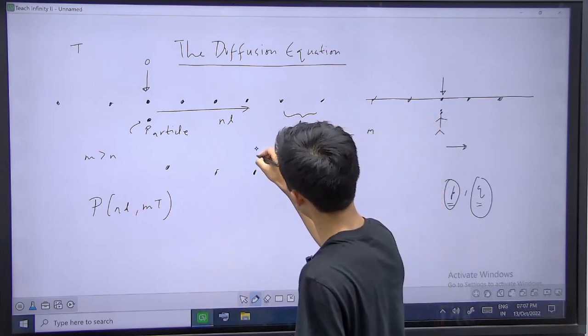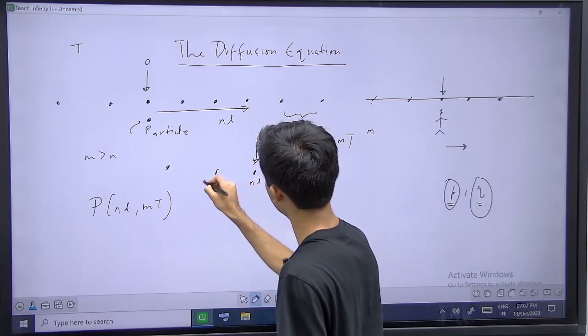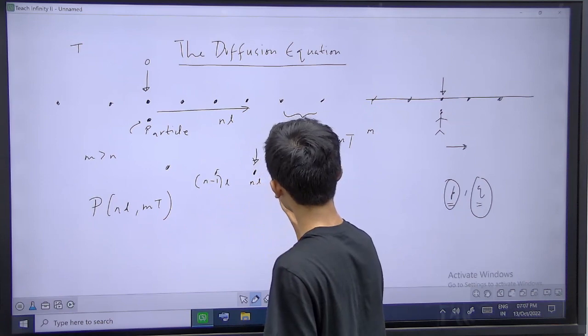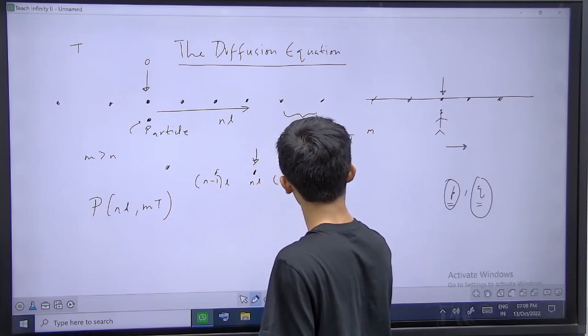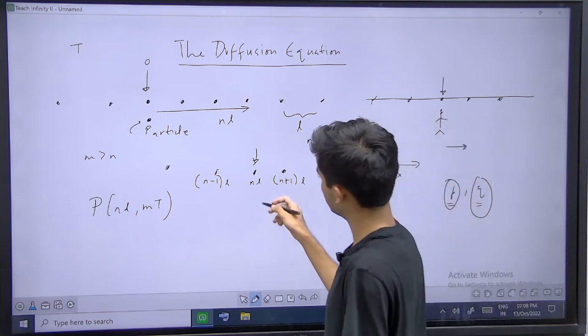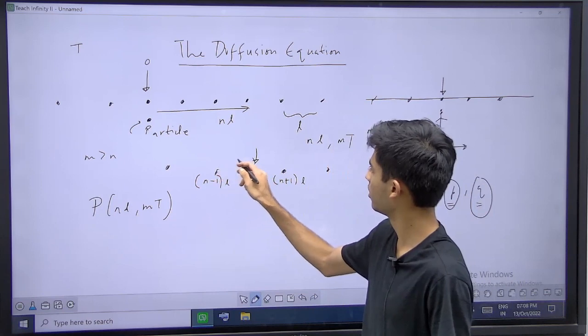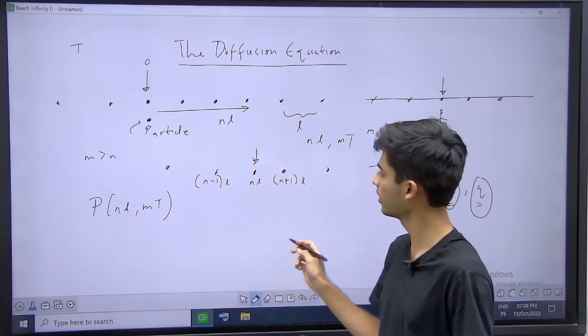So if it is here at this point nL, this must be n minus 1. This is the positive x-axis, and that means that one unit time earlier it was either over here or over here, correct?